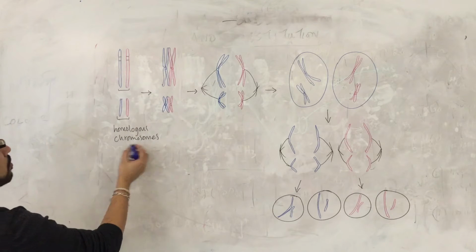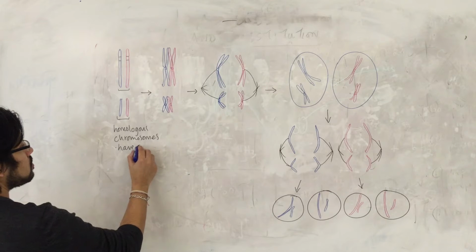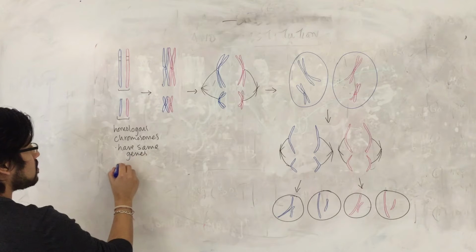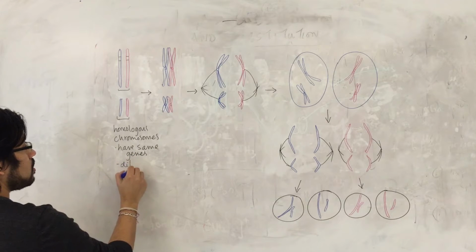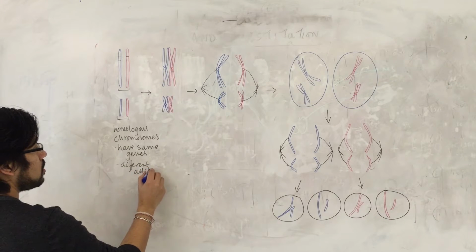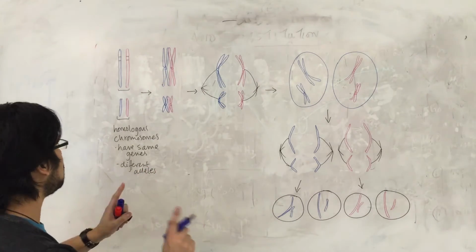So homologous chromosomes have the same genes, but possibly could have different alleles. They might even have the same allele. That's also possible.